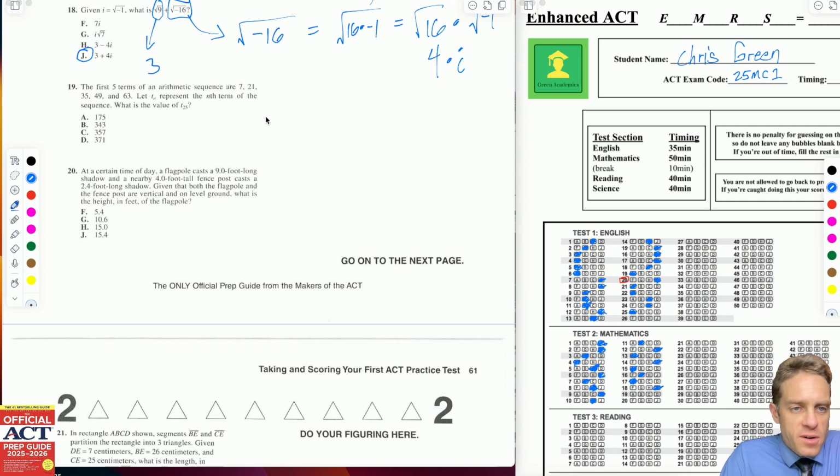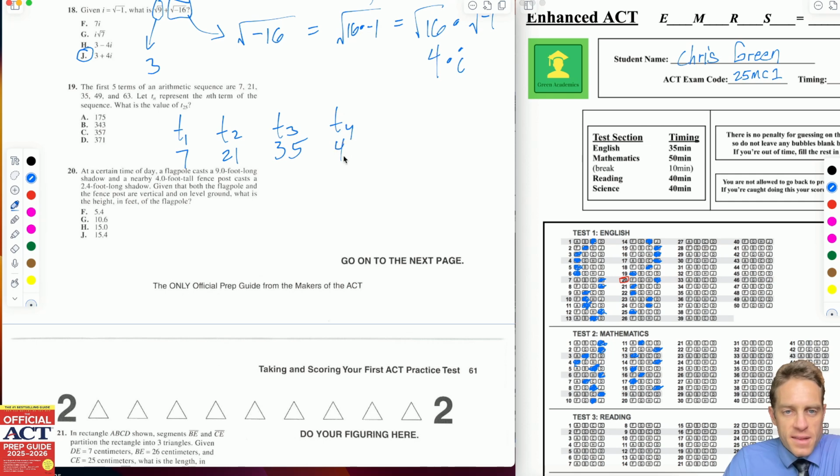The first 5 terms of an arithmetic sequence are 7, 21, 35, 49, and 63. Let t sub n represent the nth term of the sequence. What is the value of t sub 25? So the definition of an arithmetic sequence is when the gap between consecutive terms is constant. In this case, the gap is 14.